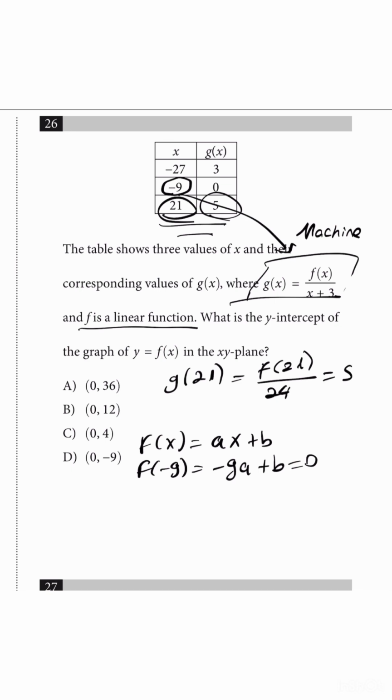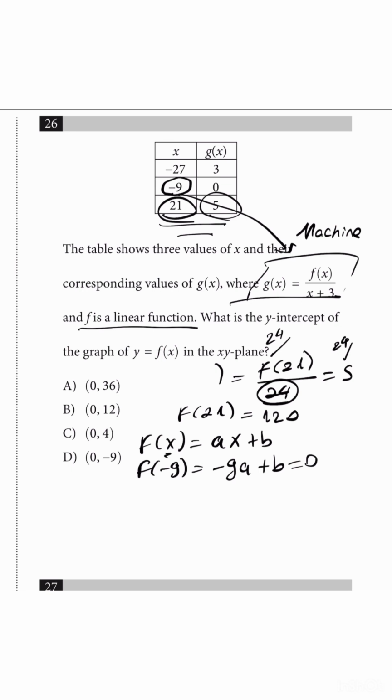So what do I understand from that? In order to get rid of this here, I'm going to multiply both sides by 24, okay? So what I'm going to get is f(21) equals 24 times 5, which is 120. Okay, so let's insert 21 in here.